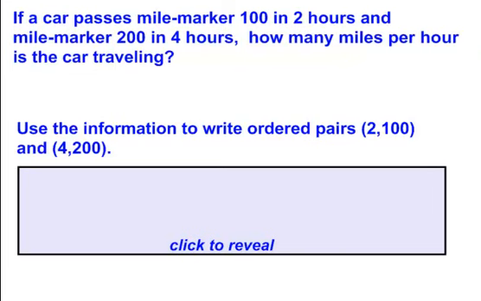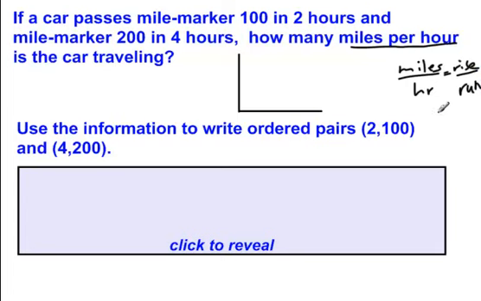Well, let's do a quick graph. Okay? So, we're not going to have any negative miles or negative distance, so we know that we can label our coordinate graph using this, miles per hour. Miles is first, hours is second. We know that slope is rise over run.